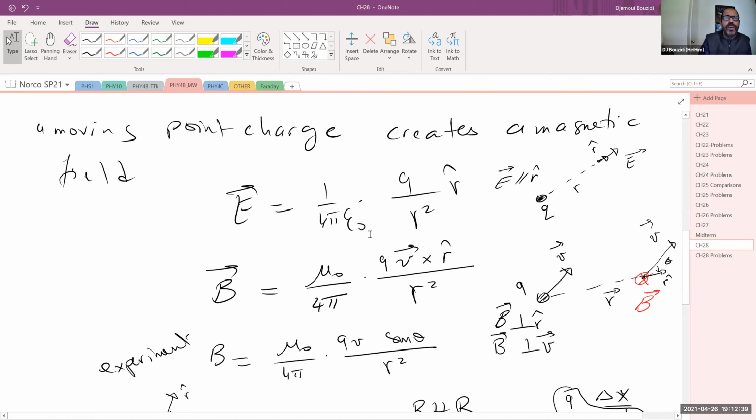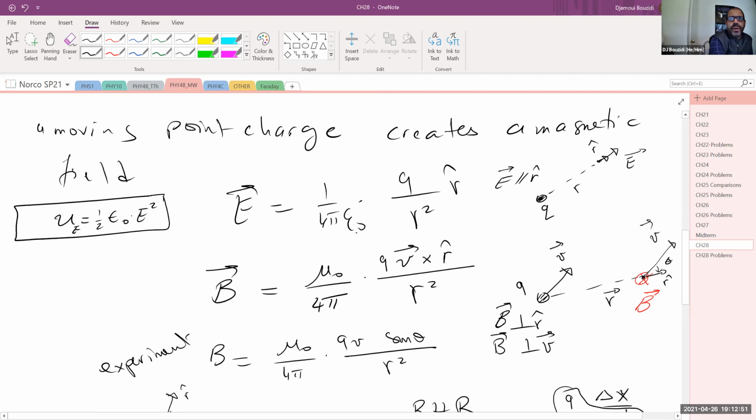The only exception was when we were dealing with the energy density. The energy density, if you remember, for the electric field was 1/2 epsilon naught times E squared. So that is the only exception to the rule where epsilon naught moved upstairs, to the numerator. Mu naught now appears from the get-go in the numerator, okay? So that is a big distinction.